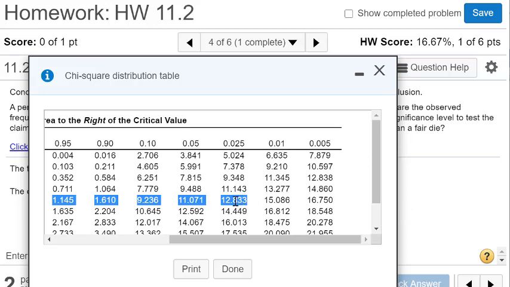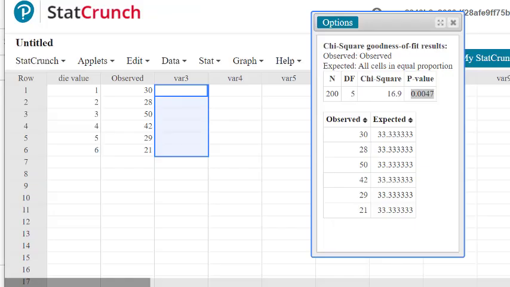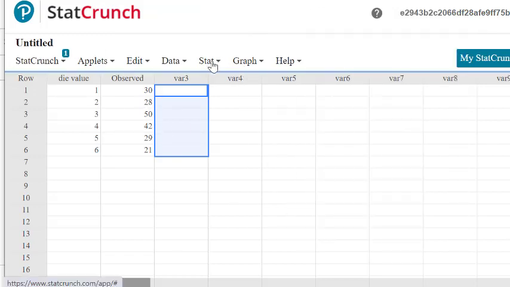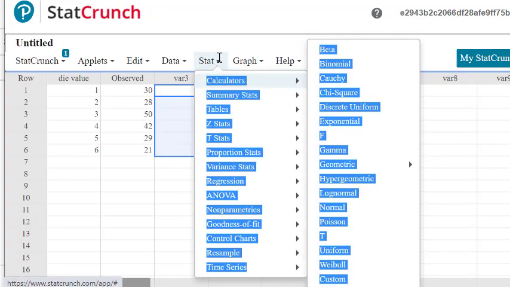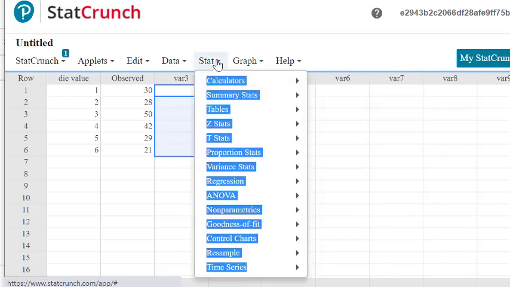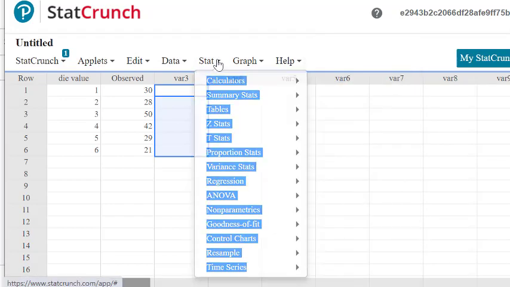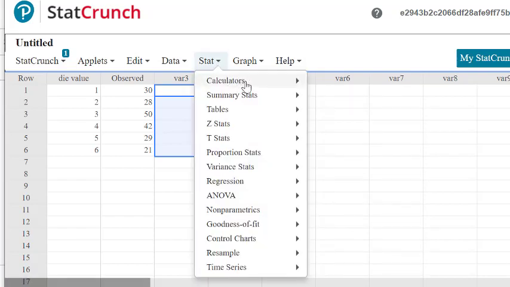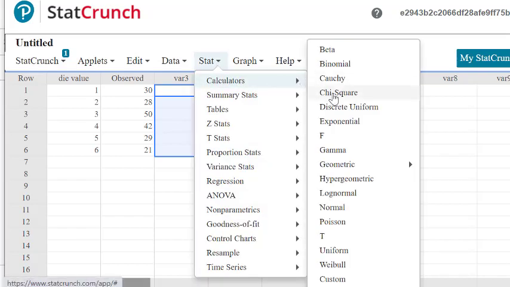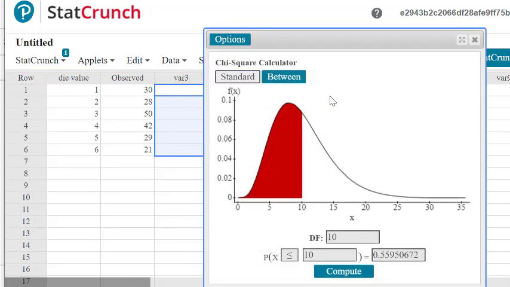So I want to stay here for a minute, switch over to StatCrunch, and show you how to find this using StatCrunch. So using StatCrunch, we're looking for a critical value in a chi-square distribution. So let's go to calculators, and choose the chi-square value.